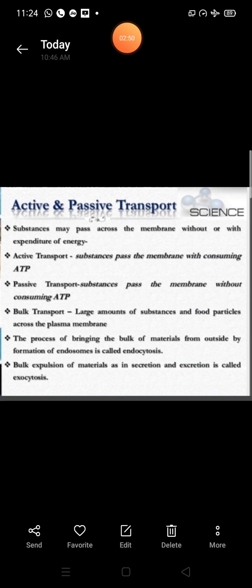When we talk about transportation, we have two types, active transportation and passive transportation. In active transportation, some energy or ATP is required for the process of transportation, and in passive transportation, no ATP is required.